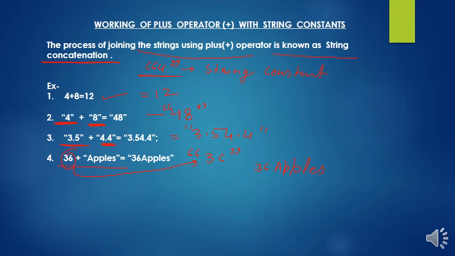Children, in all the above examples, the output results are shown with double inverted commas. But when you work with these examples or other examples on the computer, the double inverted commas will not be part of the output, because the Java compiler does not display the inverted commas.